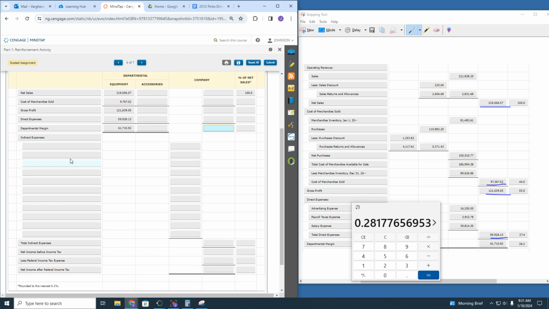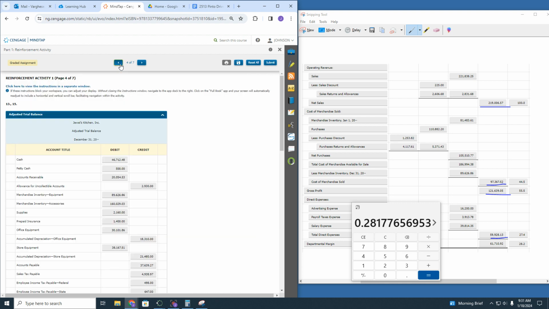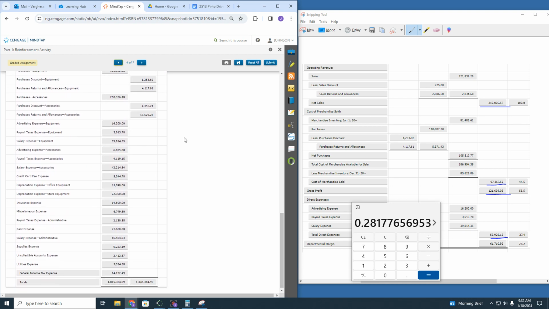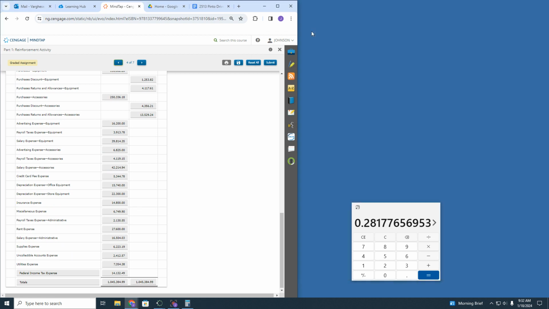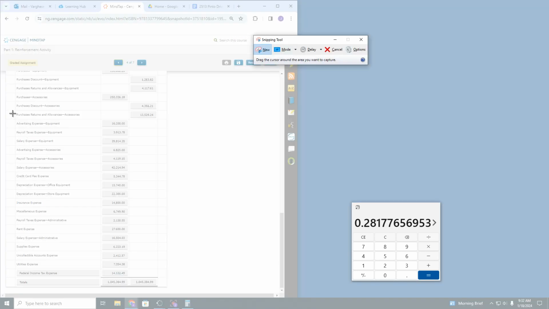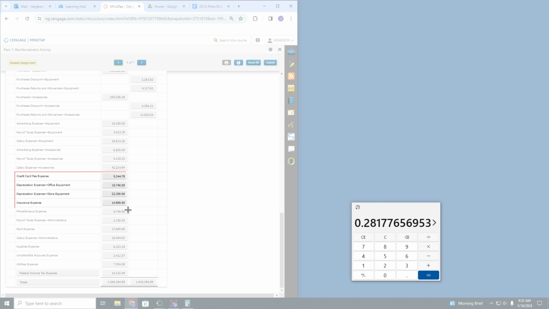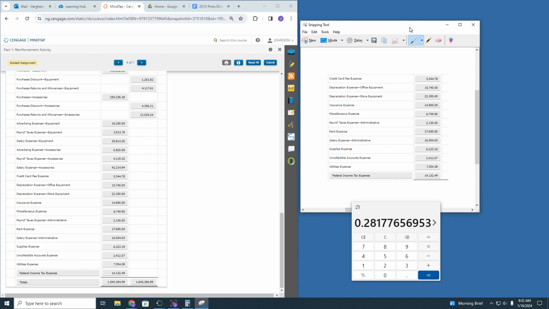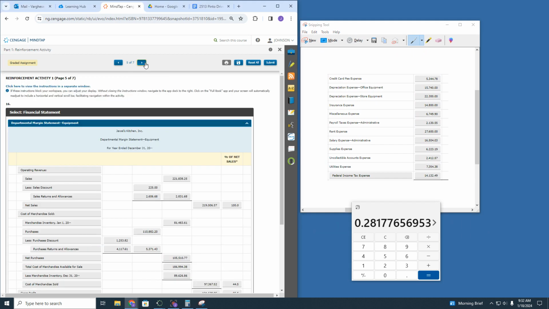All right, so then the next thing I got to do is my indirect expenses. So I'm going to need those indirect expenses off the adjusted trial balance. So let me grab that. I think this should be all my indirect expenses.